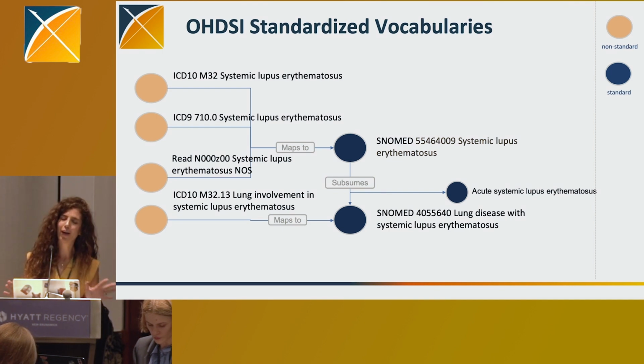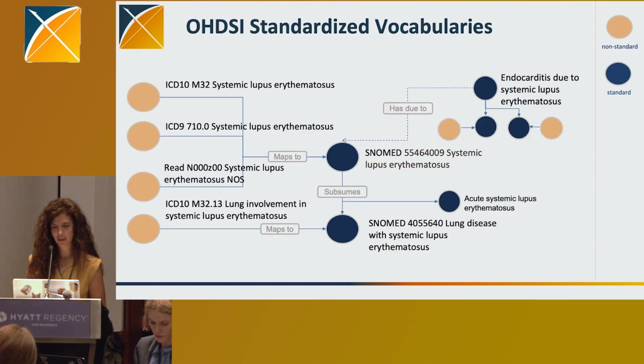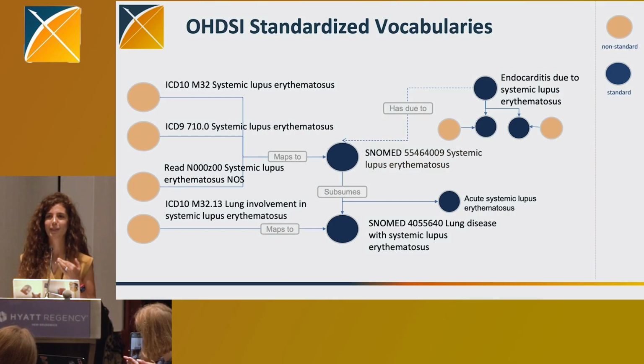So you'll be okay, fine, I did capture it because I took the parent and all the children, I'm not missing any code. Then a friend comes and tells you, wait a minute, there is this code that says endocarditis due to systemic lupus erythematosus. And actually, it is not a child of systemic lupus erythematosus. Oops, you missed that code.